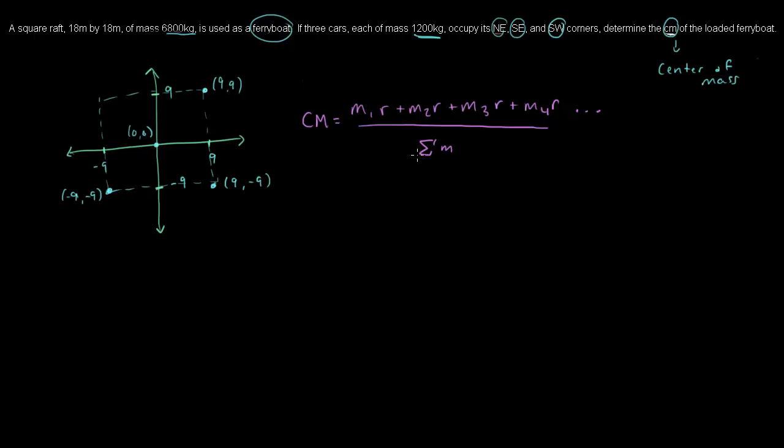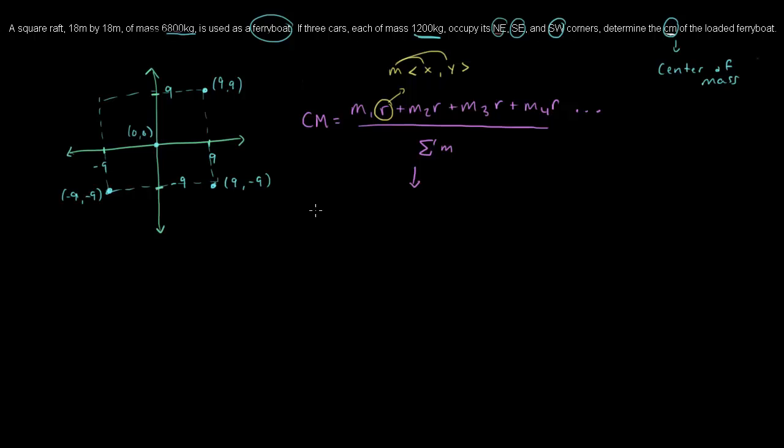Sigma just means sum. But the important thing about this equation is that it has to be broken up into x and y coordinates, because the r only signifies that it's a vector quantity with an x and y component. So you have to multiply the mass in with the x and in with the y.